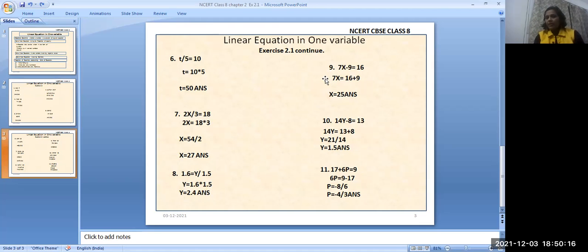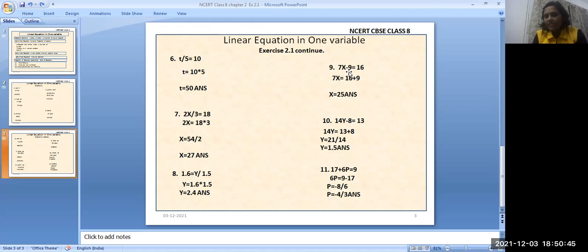Now in question number 9, 7x minus 9 is equals to 16. Here you can see the form of ax plus b is equals to c. Minus 9 is representing minus b, or b a number. 7x, here you are going to take this number towards the right hand side.